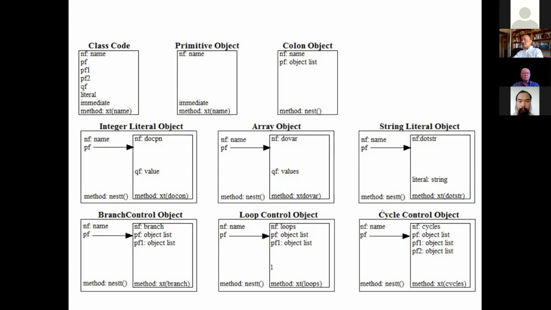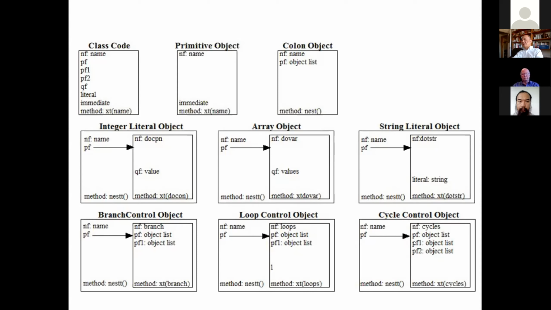And in the cycle object, you have the for next. Here you have three different alternate paths. Between for and next, you have the PF.